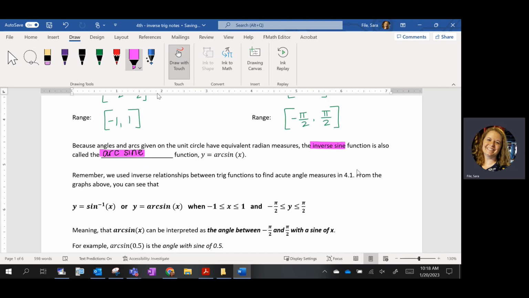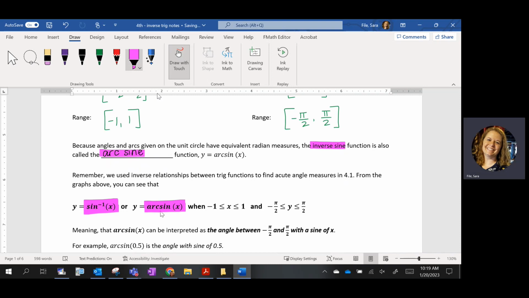Okay, so this shows down here how that is written as an equation. Inverse is written with the little negative 1 power. So this is read inverse sine of x, and this is read arc sine of x. And they mean the exact same thing.